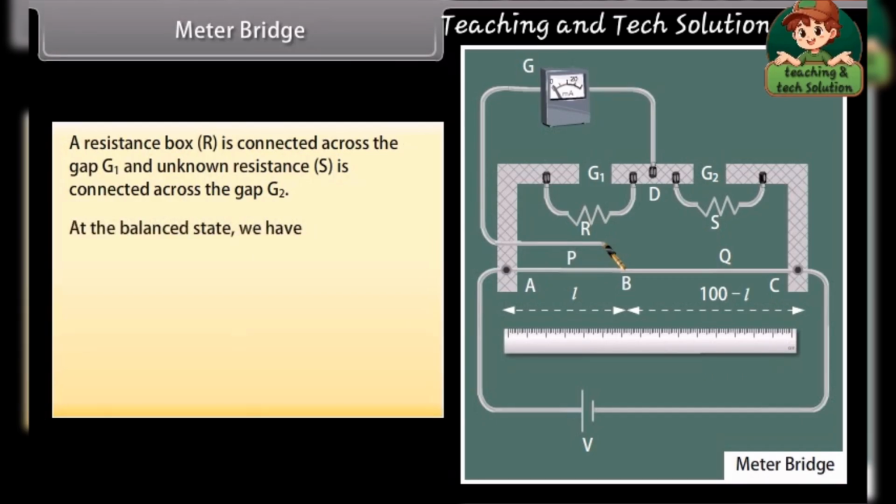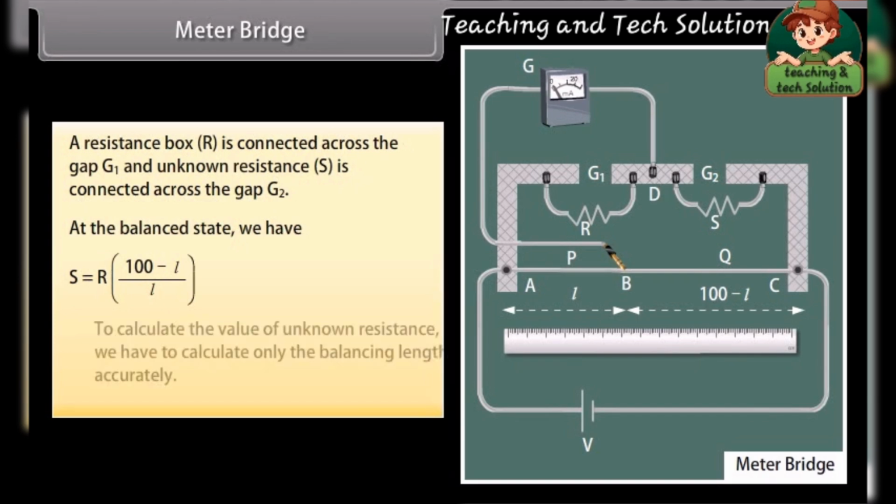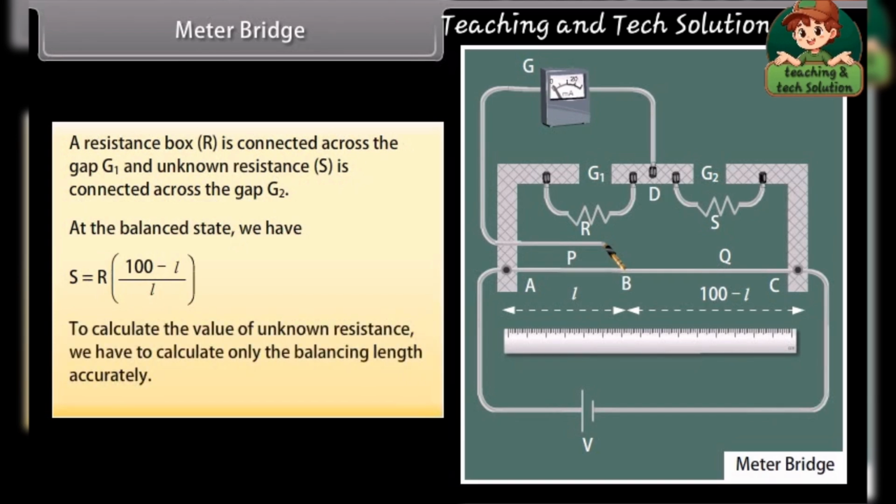At the balanced state, we have S = R(100 - L)/L. To calculate the value of unknown resistance, we have to calculate only the balancing length accurately.